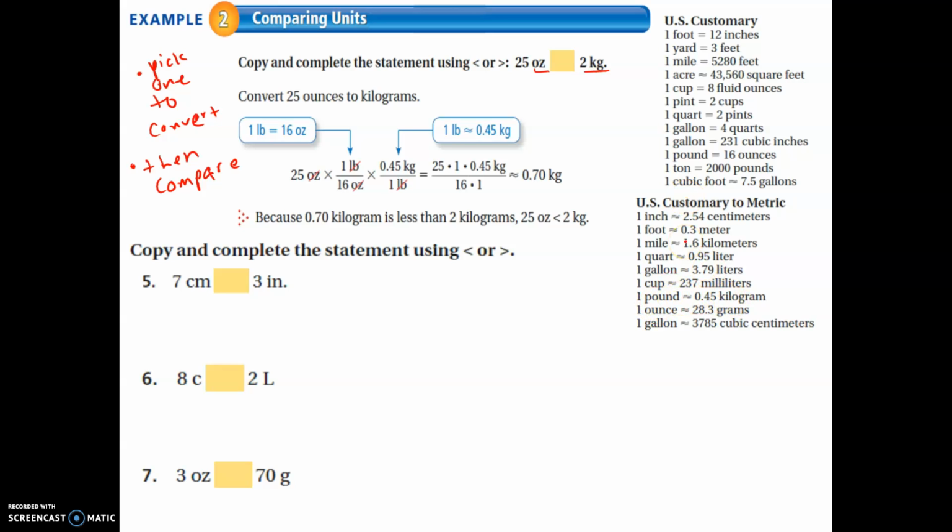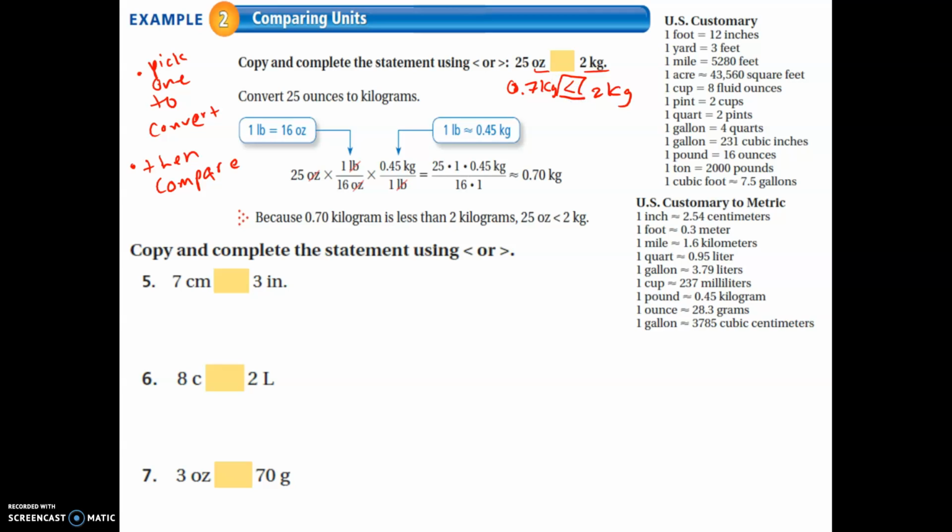So they decided to go ounces to pounds right here, and then pounds to kilograms. What they got was 0.7 kilograms. So we have 0.7 kilograms compared to 2 kilograms, which is of course less than. 0.7 is less than 2.